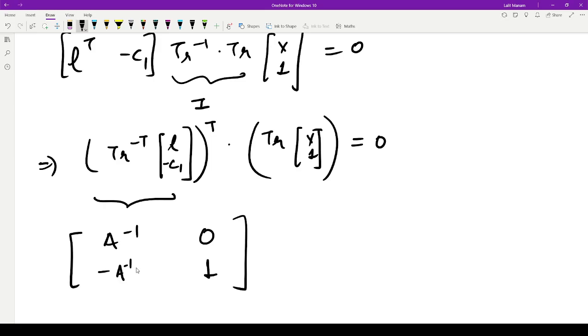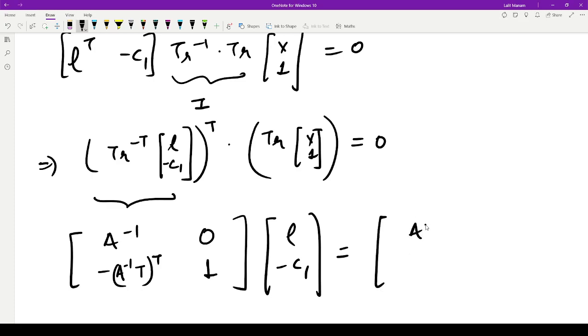A inverse T transpose, and this is L minus C1. It turns out to be what? A inverse L, and this is minus, the same way that we found A inverse T, L transpose A inverse T minus C1.